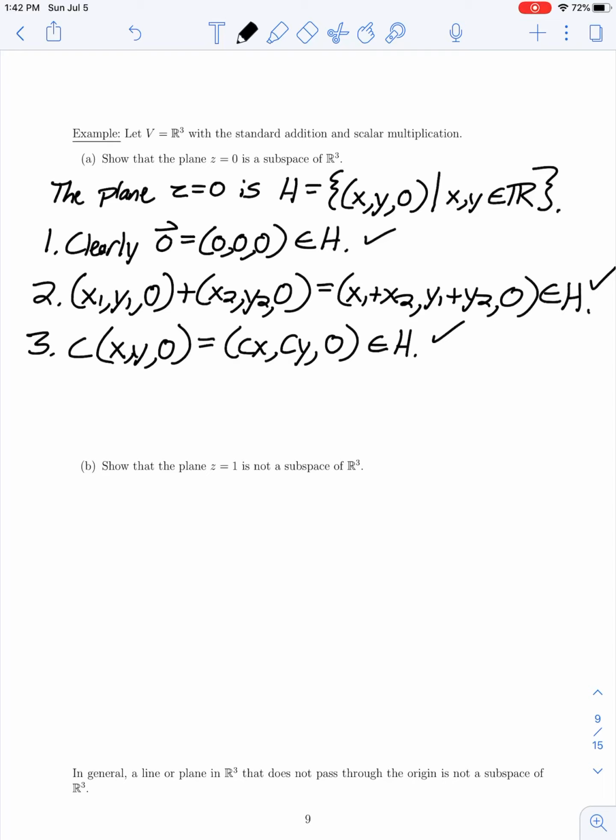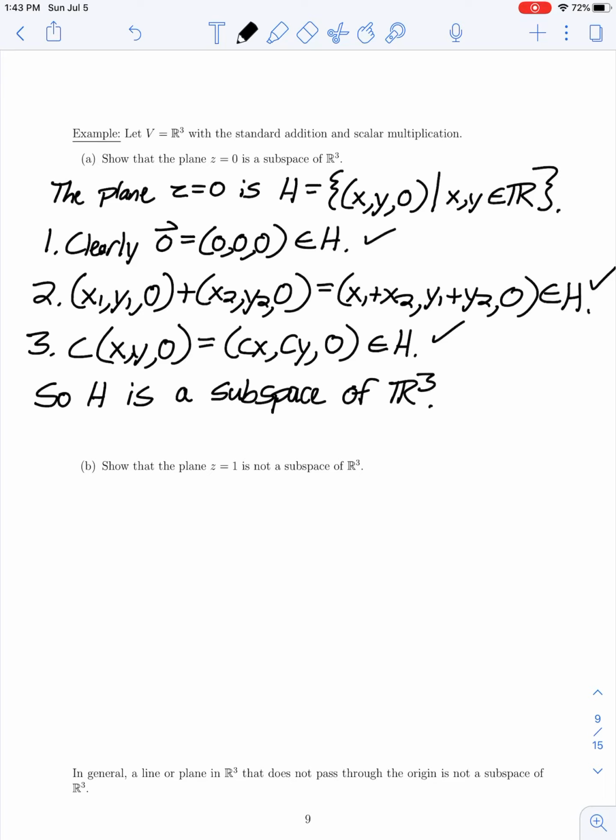So since all three conditions or properties of a subspace are satisfied, we can say that the plane z equals 0, which was described here as a set H, is a subspace of R3.